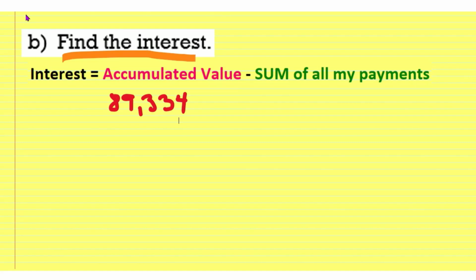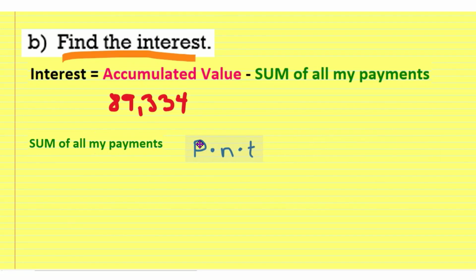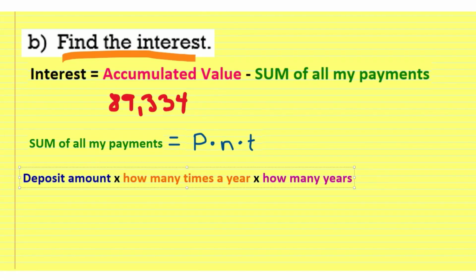Well, how do we find the sum of all the payments? The sum of all the payments can be found using P times N times T. So that is how we would find it. Now, what do those stand for? Let's remind ourselves. The P stands for the deposit amount. How much were we depositing on a regular basis in the annuity in Part A?